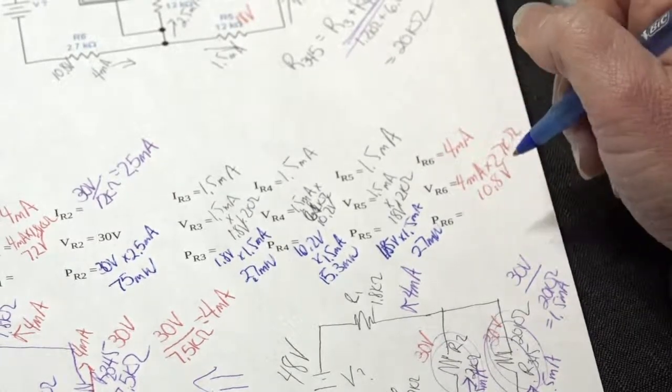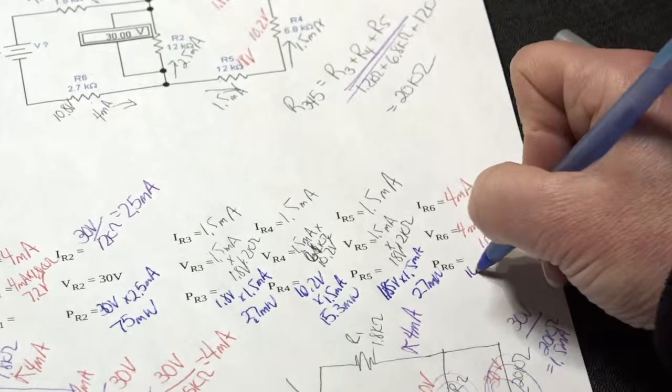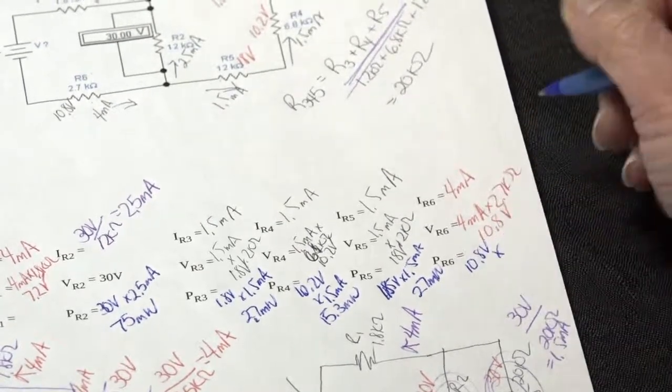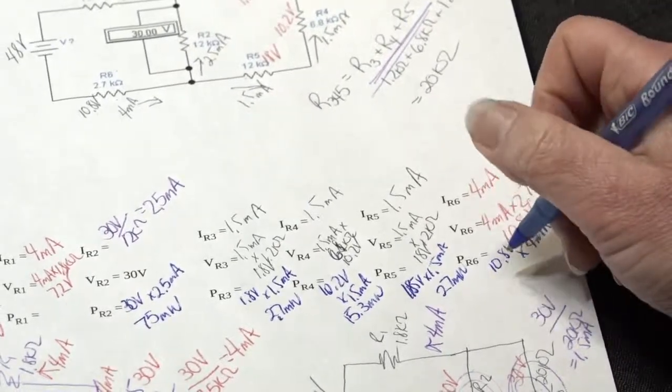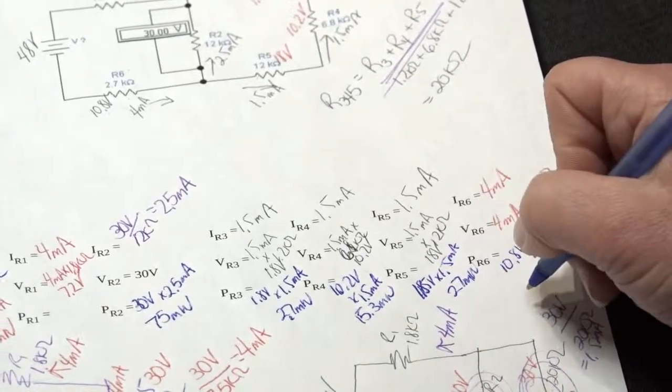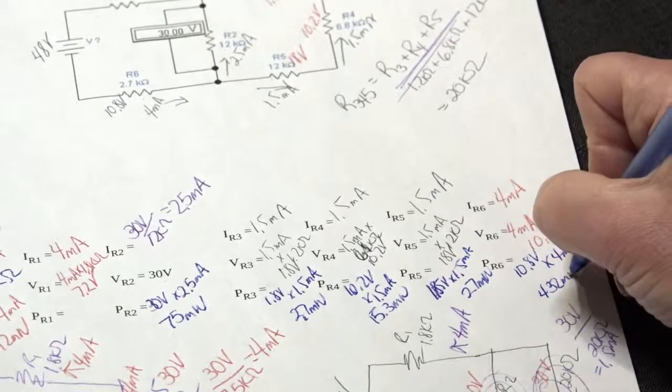That's what happens when you use the DNA calculator. And then last but not least, we have 10.8 volts times 4 milliamps, which gives us 43.2 milliwatts.